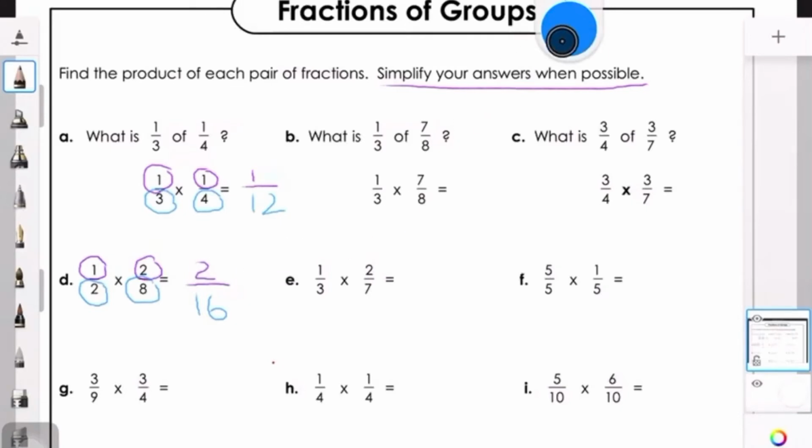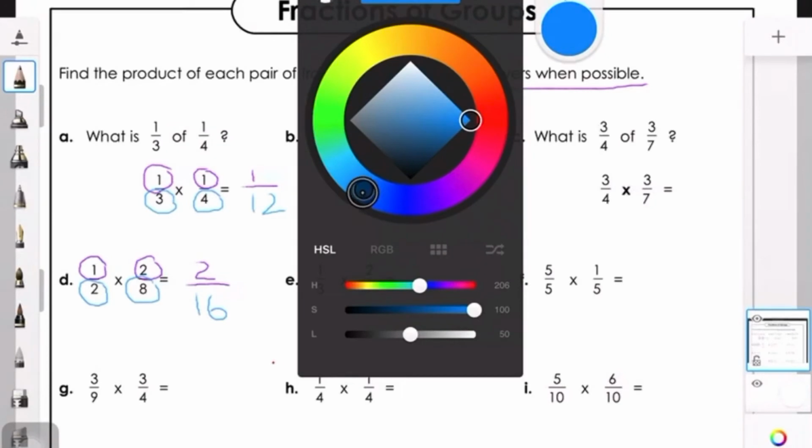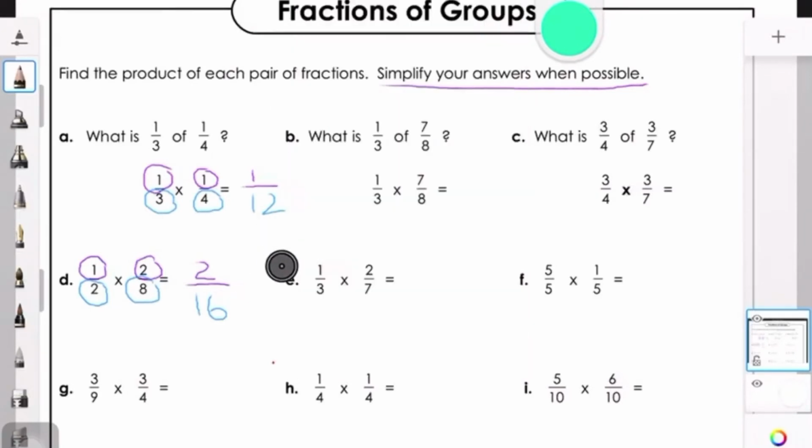So let's divide both the numerator and the denominator by 2. I'm going to use a different color so that we are able to see that clearly as well. You guys should already know how to simplify fractions. We've been working on that for a while now.